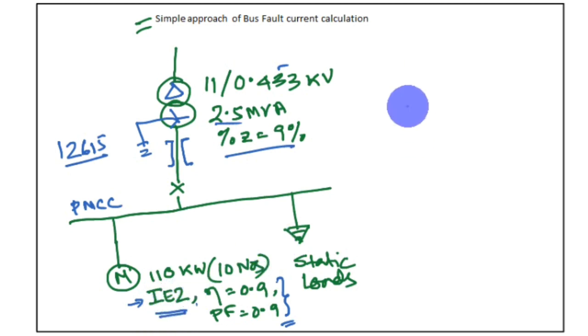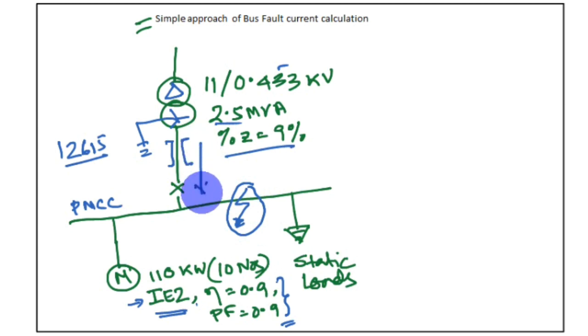Now we will be calculating the fault current at this bus. If a bus fault occurs here, what will be the total fault current of the bus? When there is a fault at this position, there will be fault current from two directions.